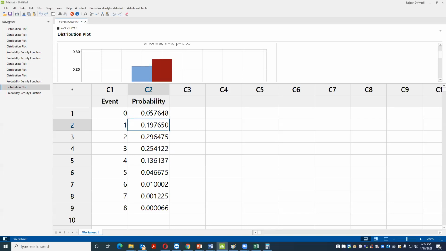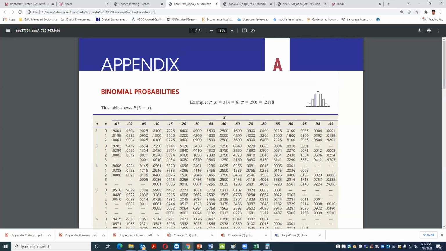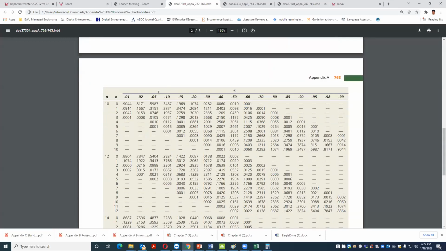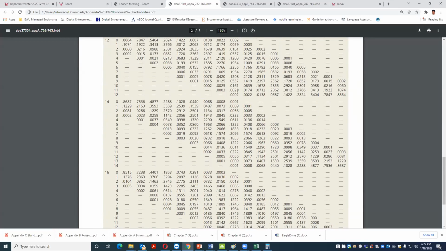So this makes our life easy. Instead of going through the table, you can visualize what is happening. Otherwise, these tables don't make very much sense. But when I studied, I used these tables because I did not have a computer, only books.